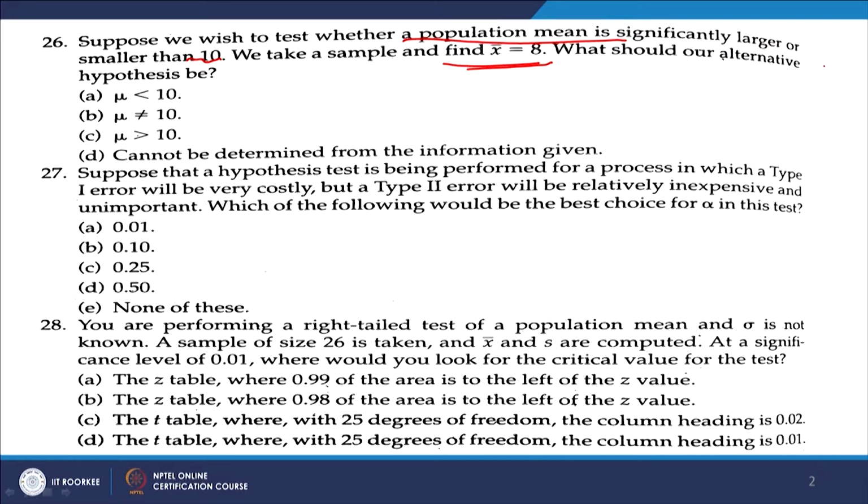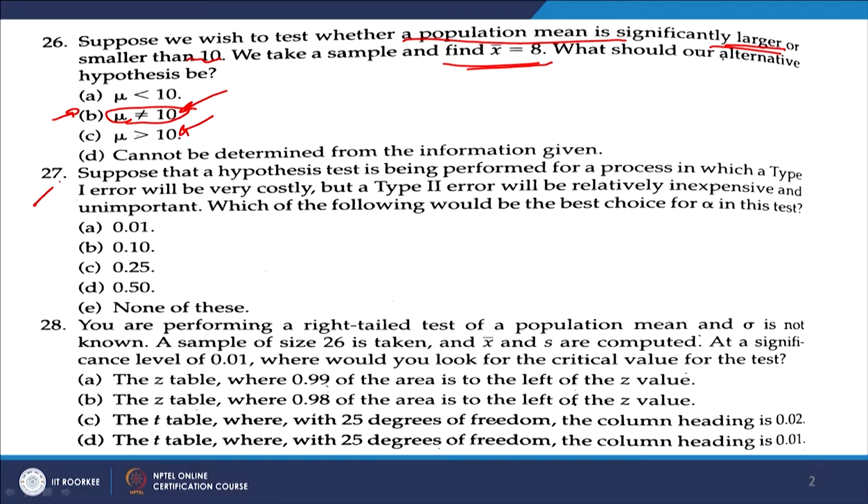Can you think of the alternative hypothesis? Is it significantly larger or smaller than 10? Let us say if it is smaller than, then the alternative hypothesis would be this, and if it is, let us say, larger, then again the alternative hypothesis is this. So, B is the correct answer for this particular question, right.